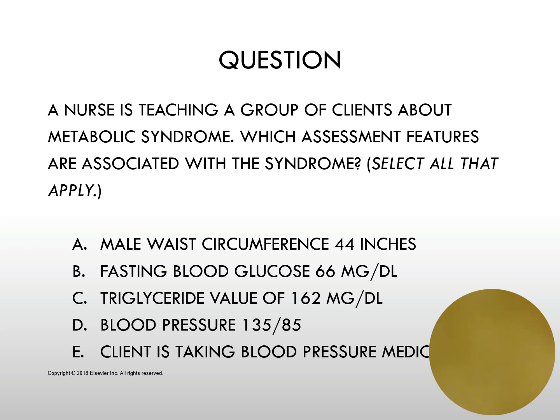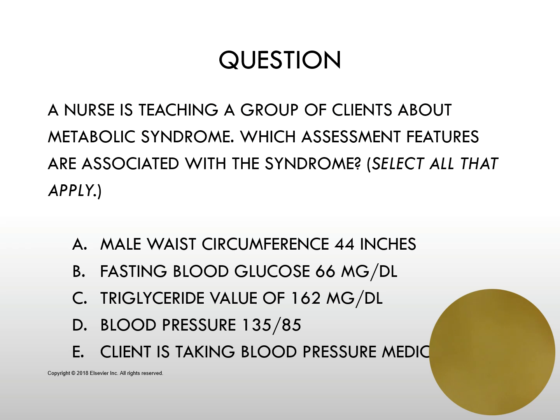Hyperglycemia, which is a fasting blood glucose level of 100 or more, or they're on drug treatment for elevated blood glucose levels. Hypertension, where we have a systolic pressure of 130 or more, or a diastolic pressure of 85 or more, or they're on drug treatment for hypertension.